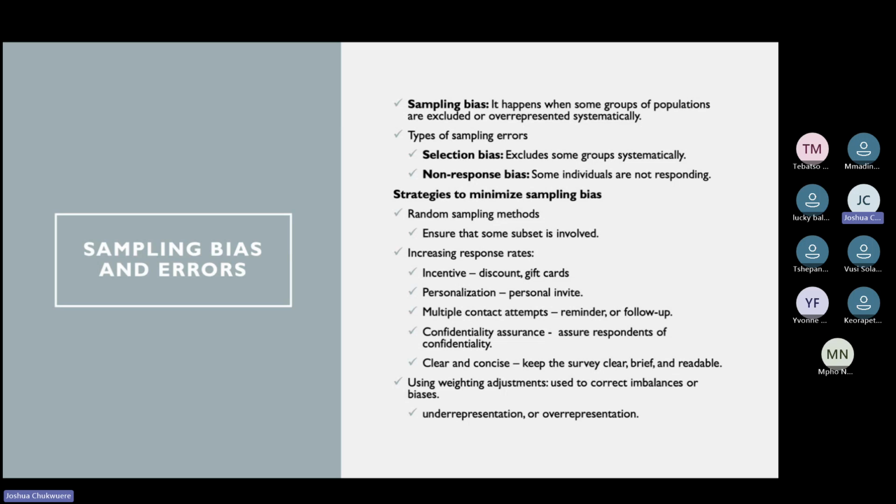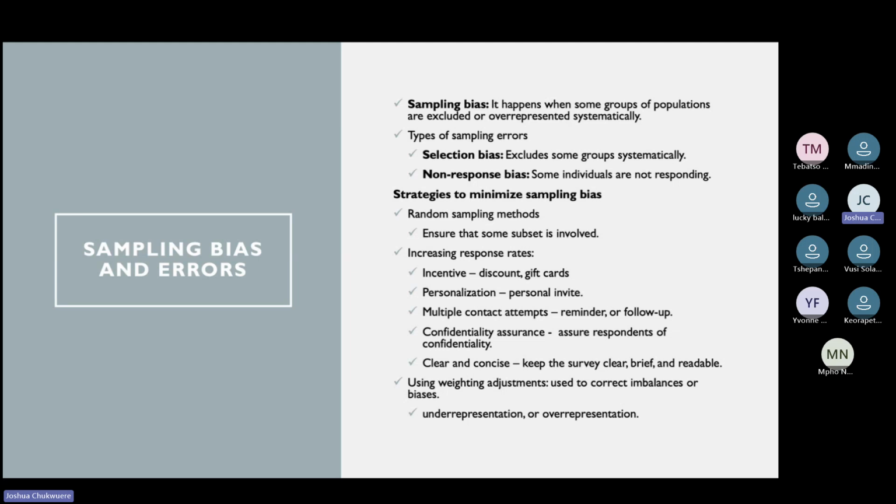Sampling bias happens when some groups of the population are excluded or overrepresented in a systematic way. So when some groups are excluded or overrepresented systematically, that becomes your bias in your sampling.